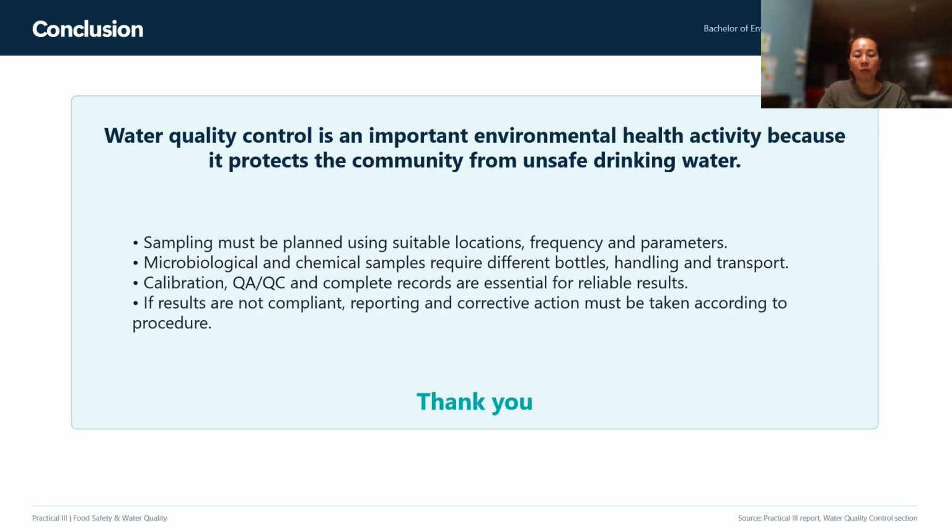Microbiological and chemical sampling require different bottle handling and transportation methods. Calibration, quality assurance, and complete records are also essential to produce reliable results. If the results are not compliant, reporting and corrective action must be taken according to procedure. And that's all for my presentation, and thank you.